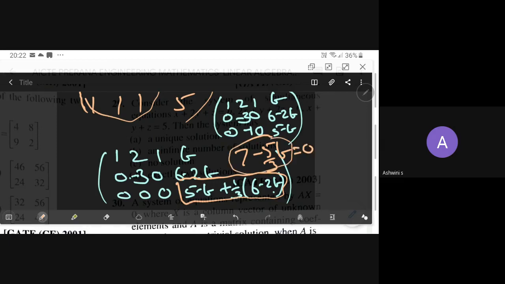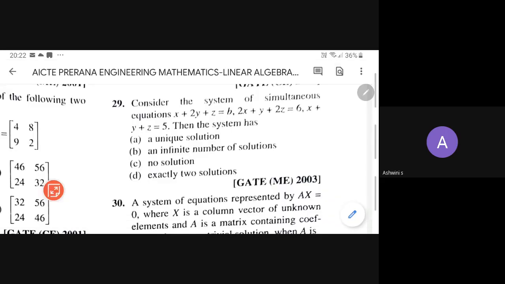So b must equal 21 by 5 for this system to be consistent, because it all depends on the value of b. So the question is something wrong here. You cannot say if b is 21 by 5, then it has an infinite number of solutions. If b is not equal to that number, it has no solution. So he has not given this clearly. So the answer is either B or C.